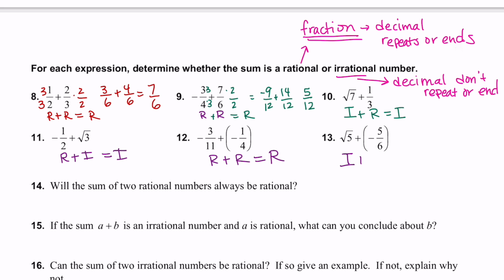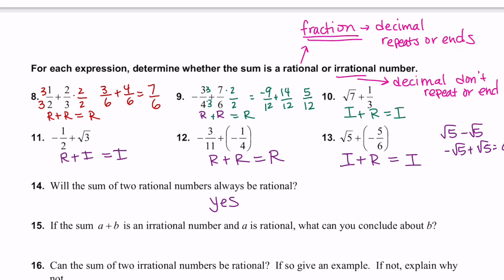But an irrational number plus a rational number, a lot of the time it's irrational, but sometimes, like if you had the square root of 5 minus the square root of 5, or a negative square root of 5 plus square root of 5, that would equal 0, which is a rational number. So, will the sum of two rational numbers always be rational? Yes. Every time you add two rational numbers together, you're going to get a rational number.